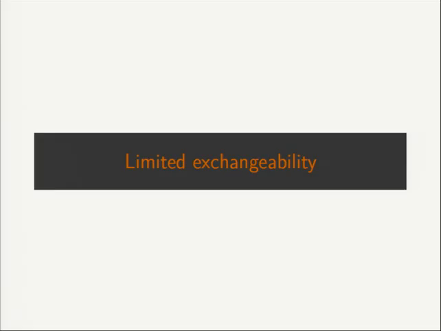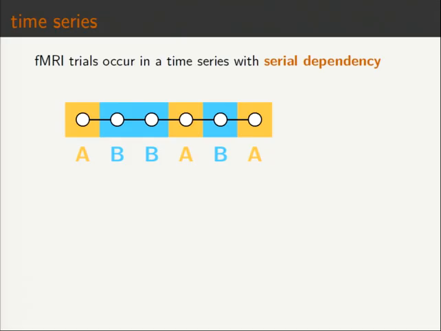Now I'm going to talk about a specific situation where exchangeability is limited. One classic example in our field in imaging is fMRI time series.